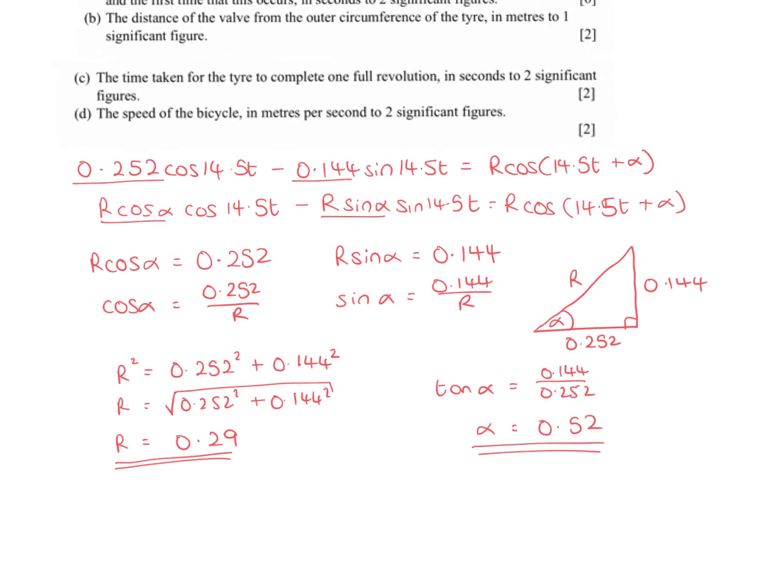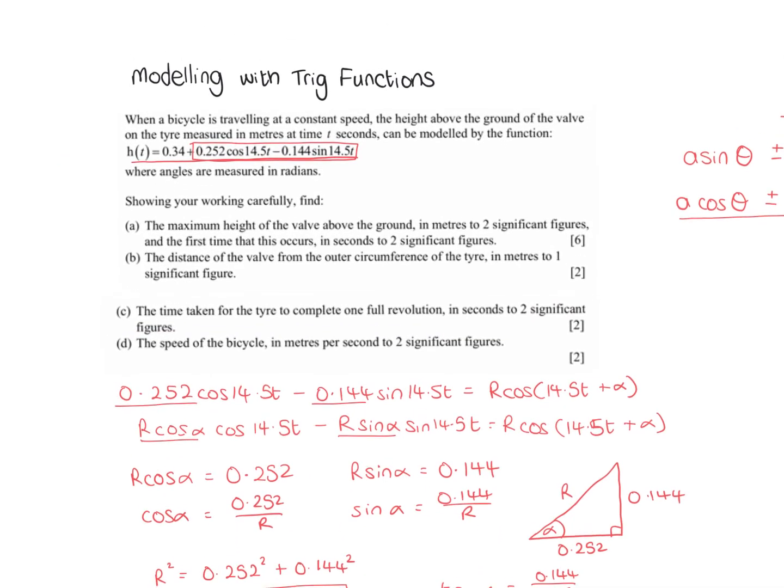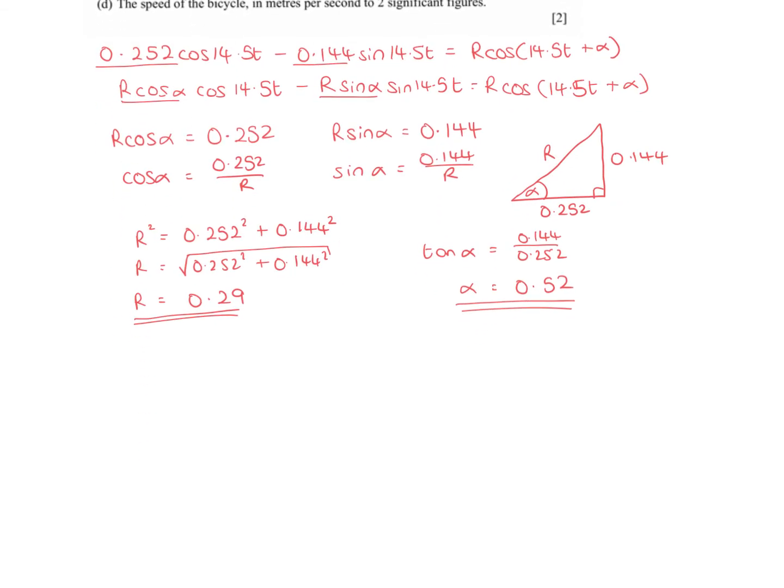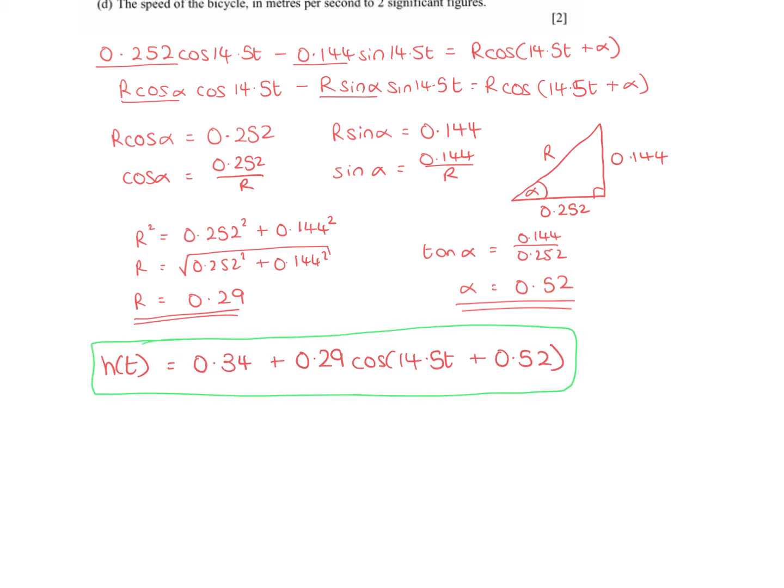If I were to rewrite the equation at the top, I could say h(t) is equal to 0.34, and instead of the last bit I can put plus 0.29, that's R, cos(14.5t plus 0.52). So that's my first step. I've rewritten the function as one of these R addition forms.